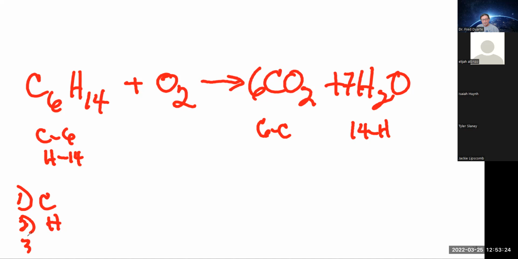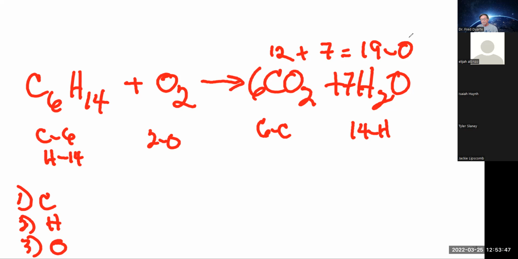And then finally, number 3, I balance the oxygens. Obviously I only got 2 oxygens over here, but on the right side, I have 12 oxygens coming from carbon dioxide, plus 7 coming from water. So that gives me a total of 19 oxygens.